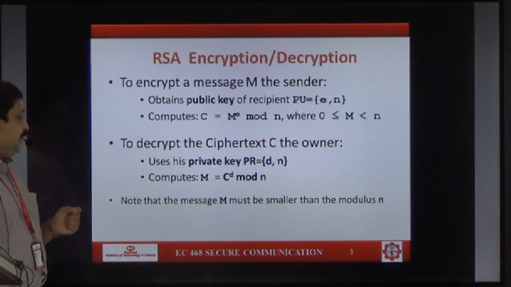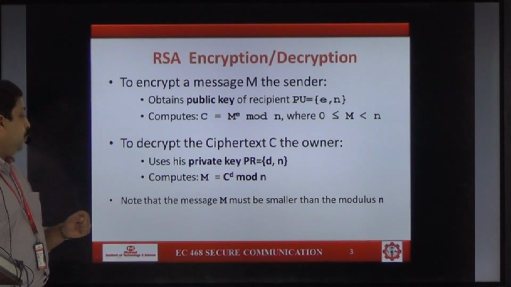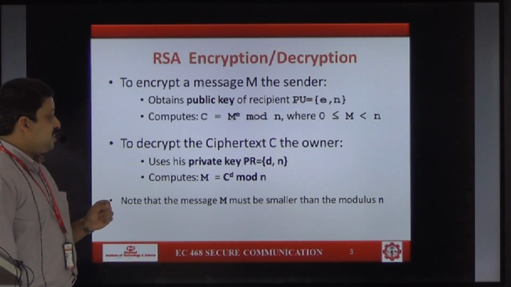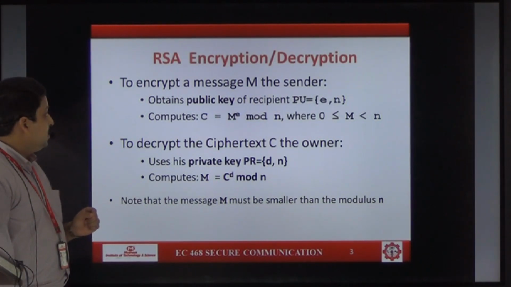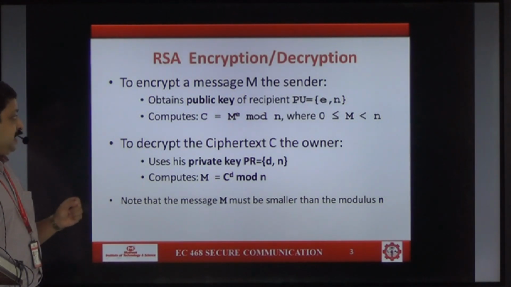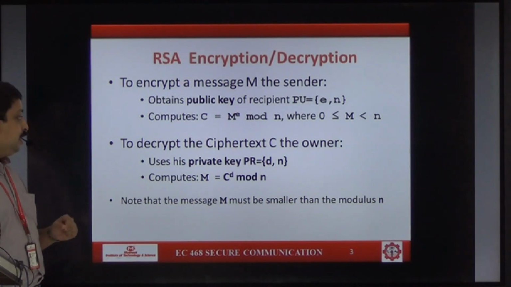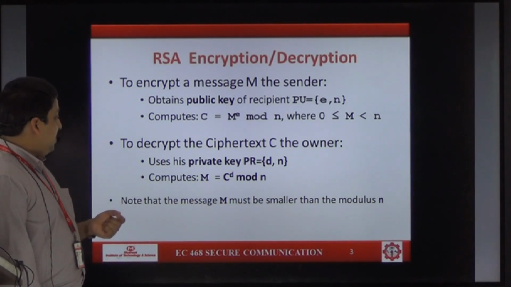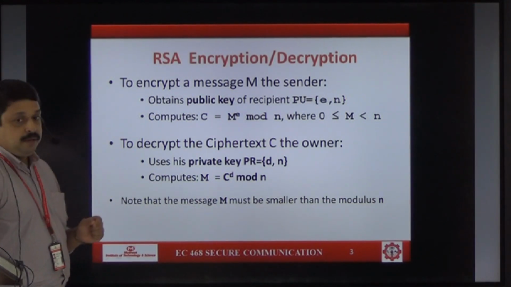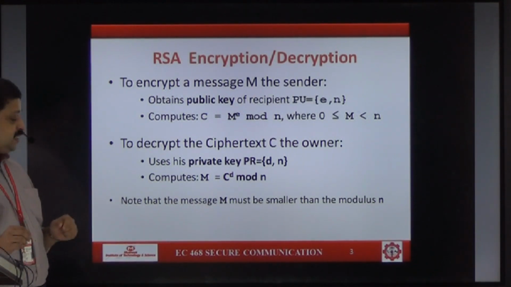The computation involved is the message M is the ciphertext raised to the power D mod N, and one point to be remembered is that the message M must be smaller than the modulus N. So basically, two steps: computing the ciphertext value is done by C equals M to the power E mod N, and decryption is done by M equals the ciphertext C to the power D mod N. So this is the basic encryption and decryption process.